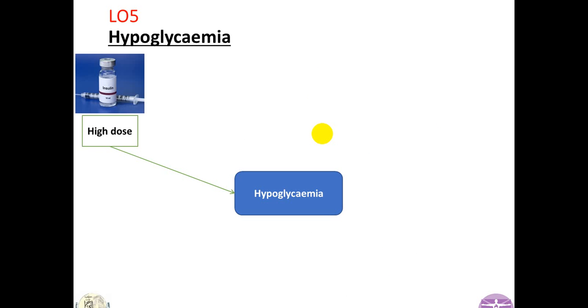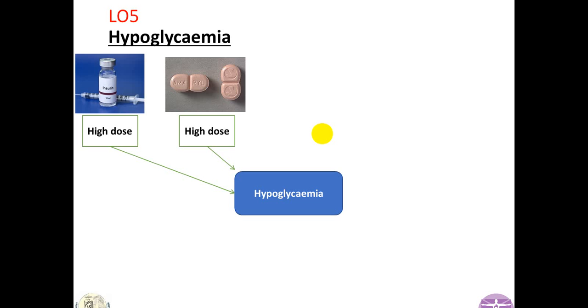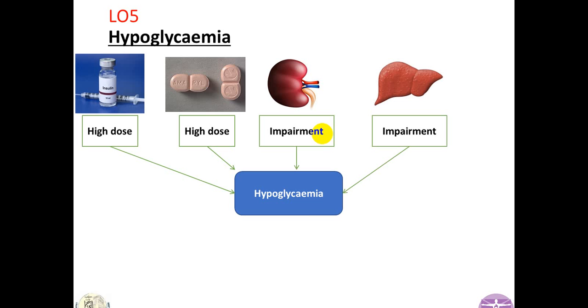Either the patient is on insulin and he took a high dose of insulin without eating, and as you know, insulin will cause hypoglycemia, or the patient took a high dose of oral anti-diabetic that can cause hypoglycemia, or there is renal impairment, because in kidney failure or impairment of kidney function, the insulin will stay in the blood for a longer period of time, and there is impairment of the liver function because you know the liver is responsible for gluconeogenesis. So if there is no gluconeogenesis, there will be hypoglycemia.